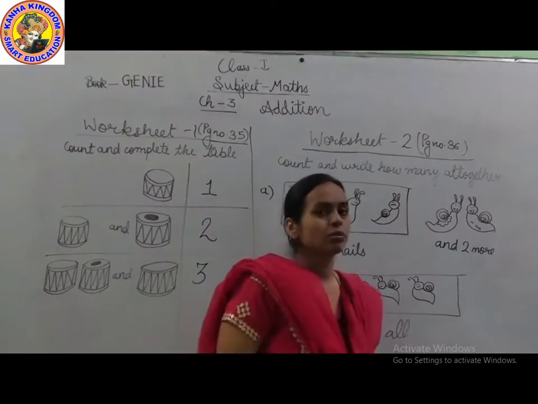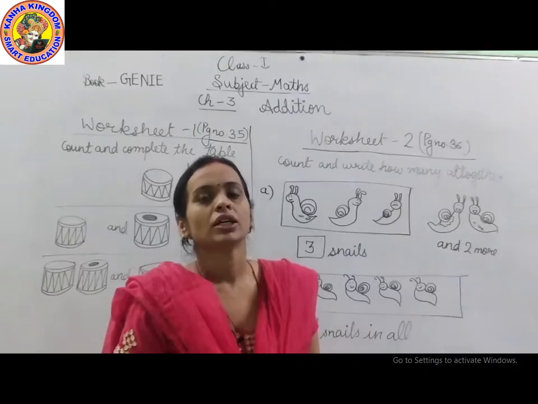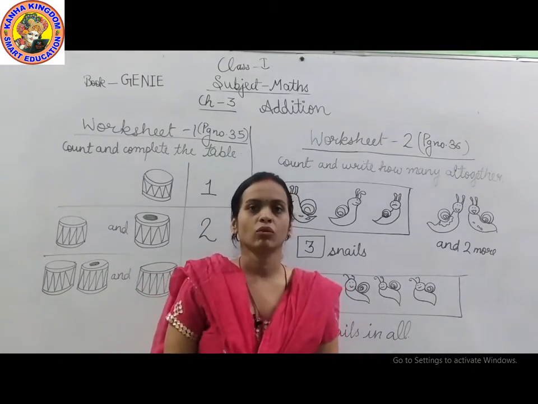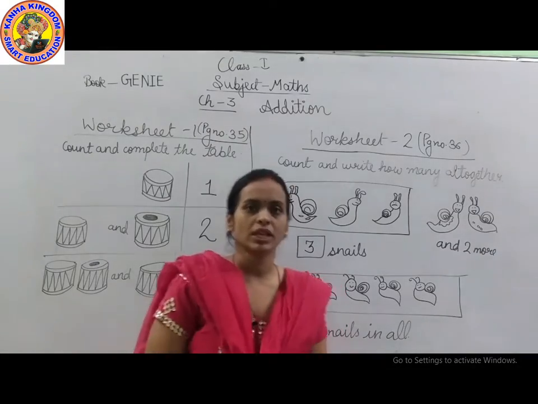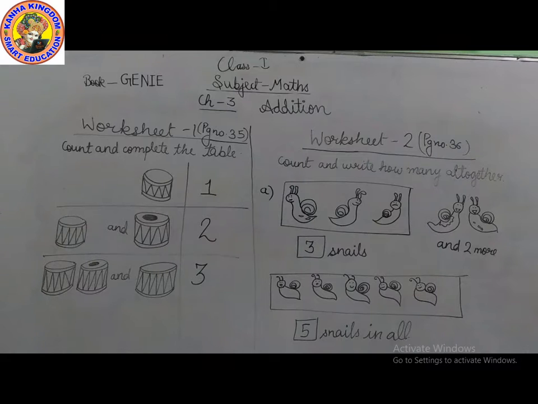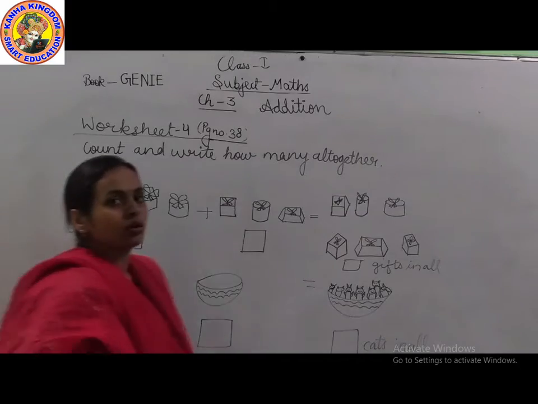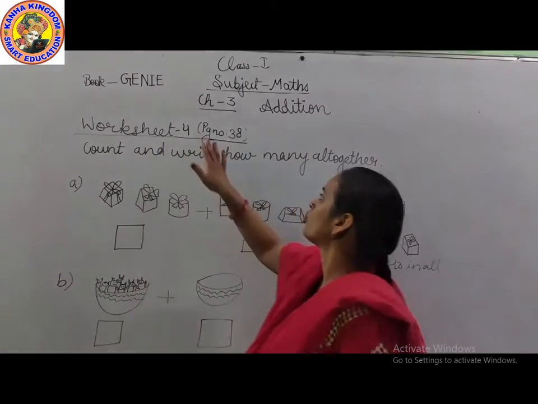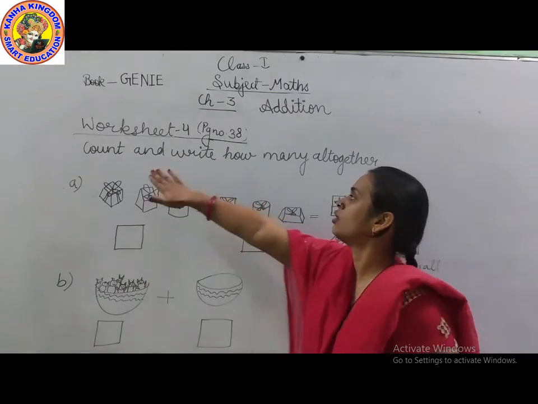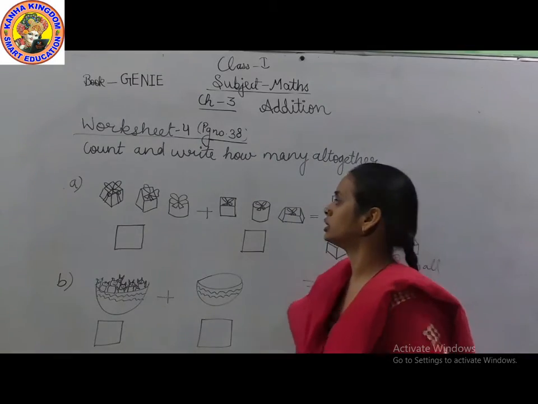Okay, so for page number 35 and 36, do the rest of the questions in your Genie book. Okay, and next, worksheet 3, do it yourself in your book. Now next worksheet is worksheet 4, page number 38, count and write how many altogether.